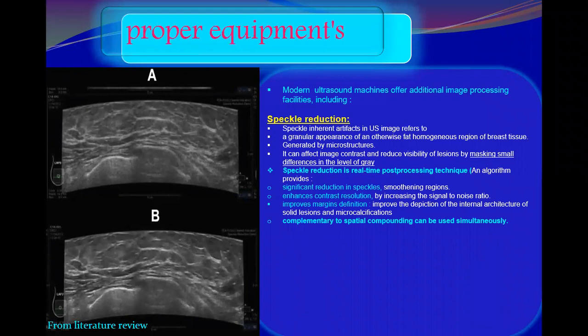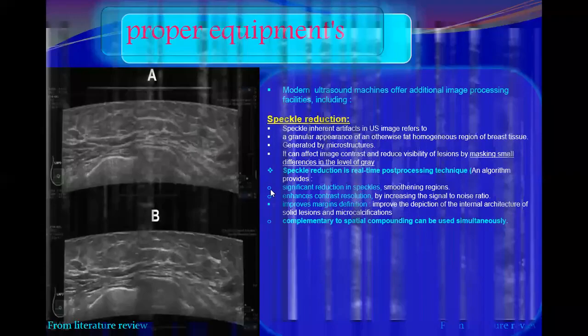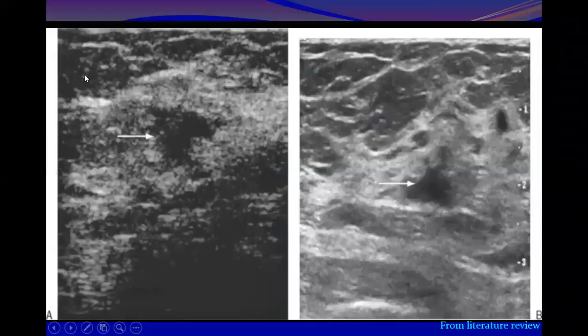Speckle is a granular appearance. Otherwise, the fat should be homogeneous. It is generated by microstructures showing this grainy appearance. It can affect the contrast and reduce visibility of the lesions.